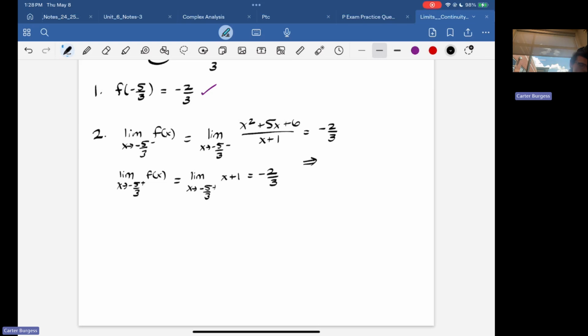Do these agree? Yes, they do. And so our overall limit as x approaches negative 5/3 of f of x is negative 2/3. Stating what it is is also good enough to say that, oh, hey, by the way, it also exists. That is certainly a demonstration that it exists.